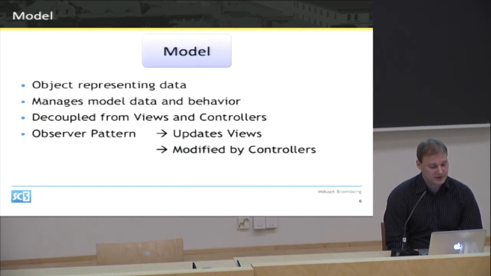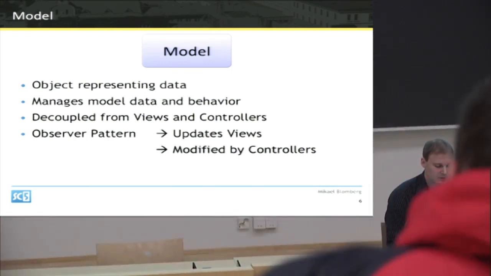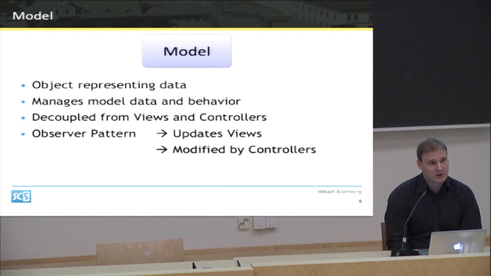The model is the object representing the data. And of course, we want everything related to that data to be in this same part. That's behavior. But we don't want to mess something else into that. We don't want it to know anything about views. We don't want it to know anything about the controllers. We want the data to be isolated. But because it needs to be connected somehow, let's use the observer pattern.